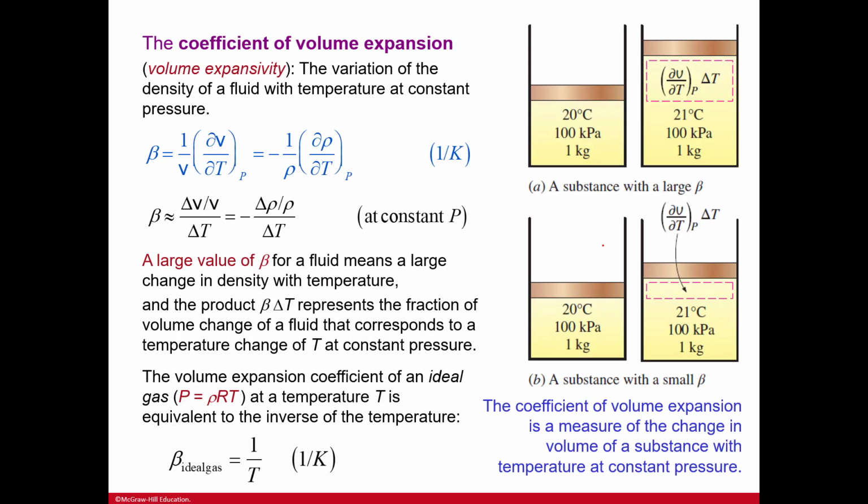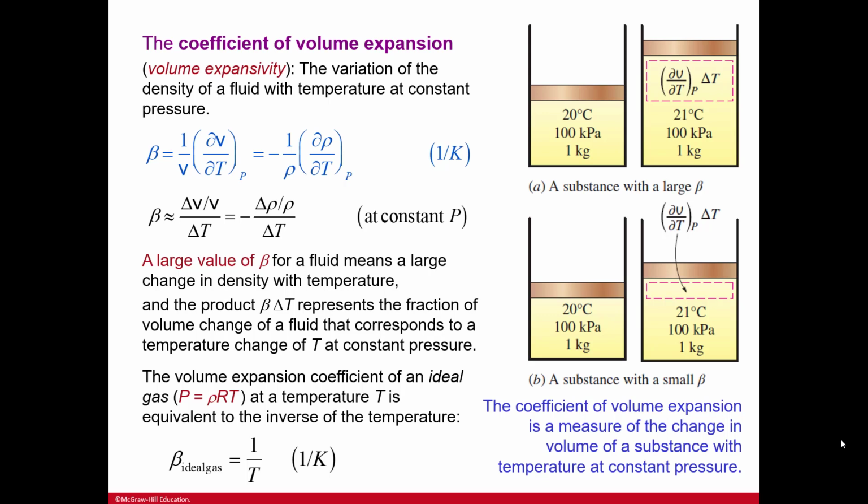The coefficient of volume expansion, or volume expansivity, is the variation of the density of a fluid with temperature at a constant pressure. These are just formulas here. If you have a large beta value for a fluid, it means there's a large change in density with temperature. And remember, we just talked about how temperature has a large effect on fluids.